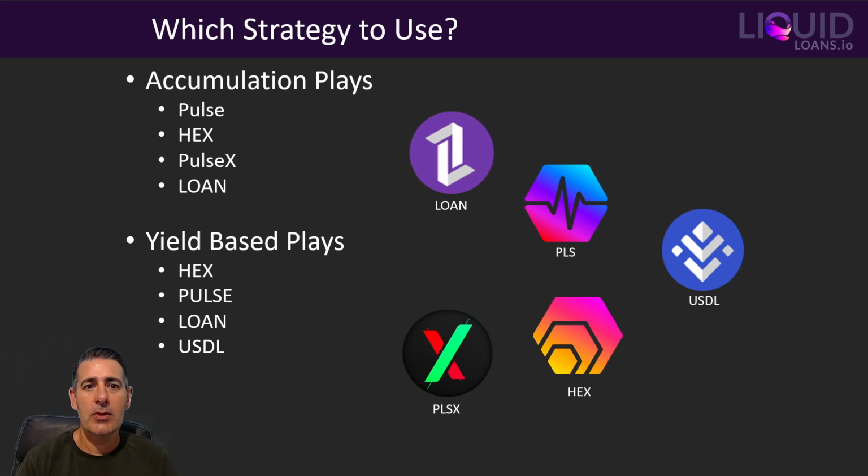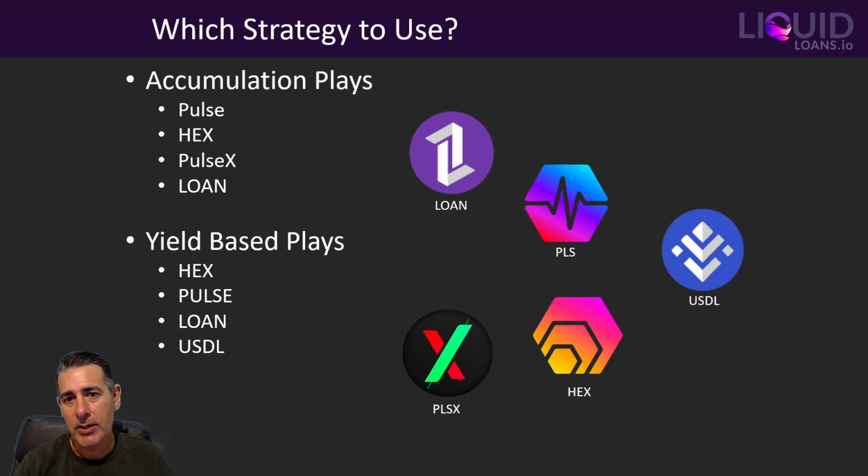So there's two main strategies or classes of strategies as I see them, and they are accumulation plays, so accumulation strategies, and yield-based plays. Okay, if you've been in HEX for any length of time, you probably understand the yield component. That's why we lock up our HEX, because we get paid inflation in the form of a yield for committing to a certain amount of time.